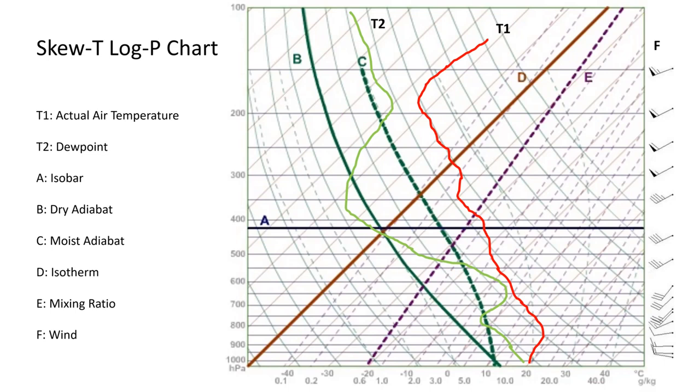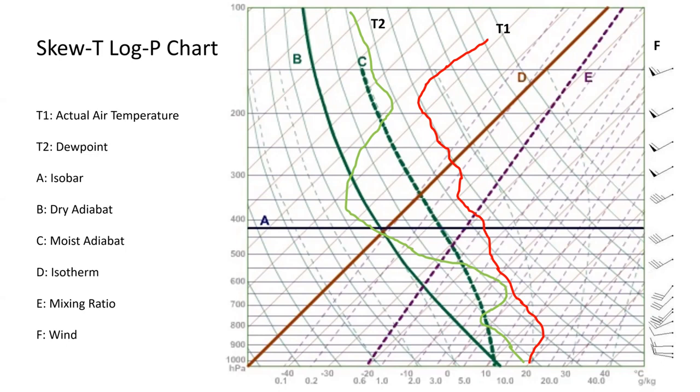C is steeper because it's only 1.5 degrees C per 1,000 feet, 3 degrees C per 1,000 feet for the dry adiabats. This is just one highlighted here. You can see dry adiabats all the way through and saturated adiabats all the way through, although fewer of them.